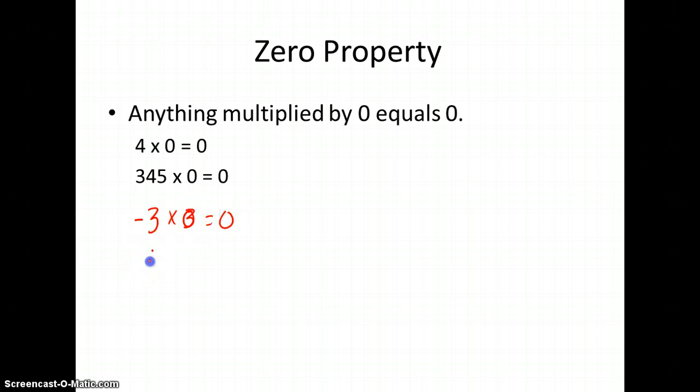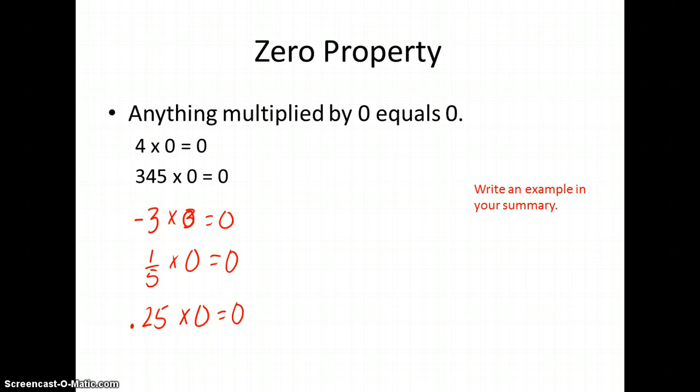It works with fractions. 1/5 times 0 equals 0. It works with decimals. 25/100 times 0 equals 0. Any number in the world that I want to multiply by 0 will give me a product of 0. In your summaries, write an example of the zero property and then circle or highlight it.